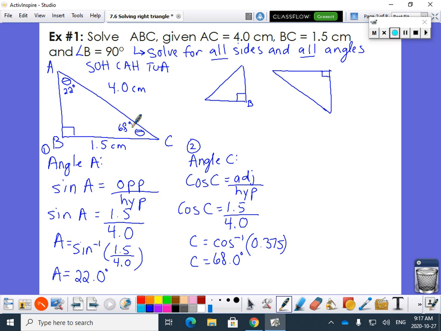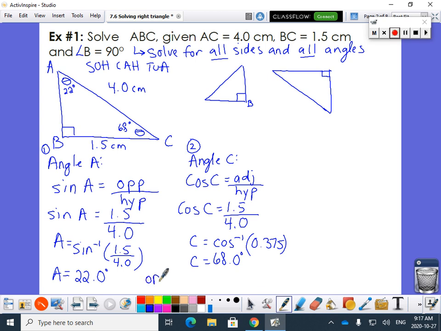Now, I want to remind you of something, and I can't remember if you do this in grade 8, grade 9, or even in elementary school, but have you guys done what is the sum of the interior angles of a triangle? Yes, okay, I thought that you have done that. So, we did it this way, which was a little bit of a longer way, but you also could have done it a different way. And can we all see down here? Is it okay if I put it down here?